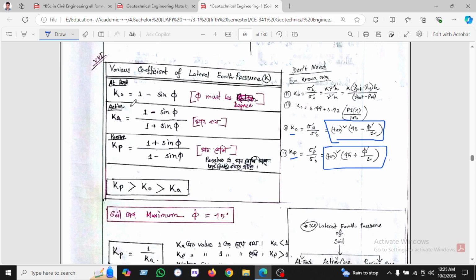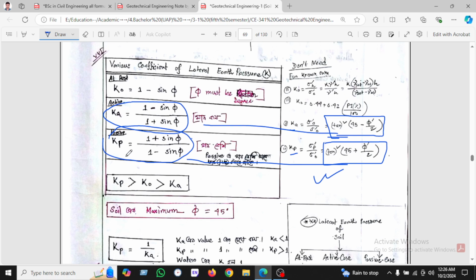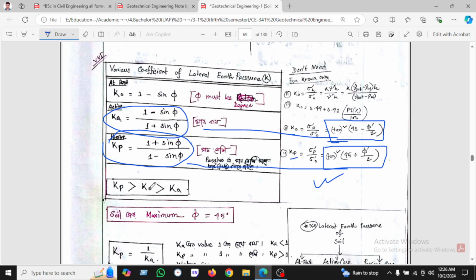So we can use either this 1 minus sin phi or tan square 45 minus phi by 2, or for the passive case 1 plus sin phi or tan square 45 plus phi by 2. Both are the same, so don't worry about this. In this condition we can see the Kp value is greater than K0 and greater than K active.